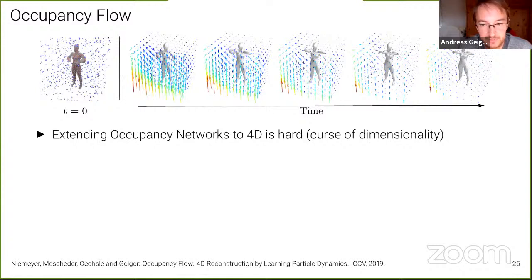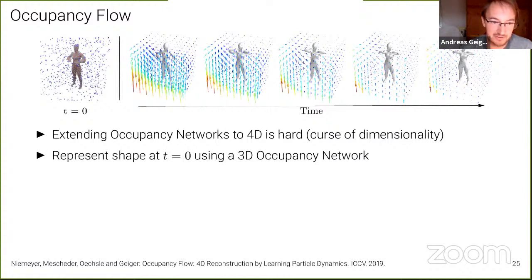And the reason for this is the curse of dimensionality. I will show you some results in the following video, which will show that if you do this, you would get very impoverished results because the network is not powerful enough, at least given the amount of training data that we have, to represent complex motions due to the discontinuity of the shape over space and time.